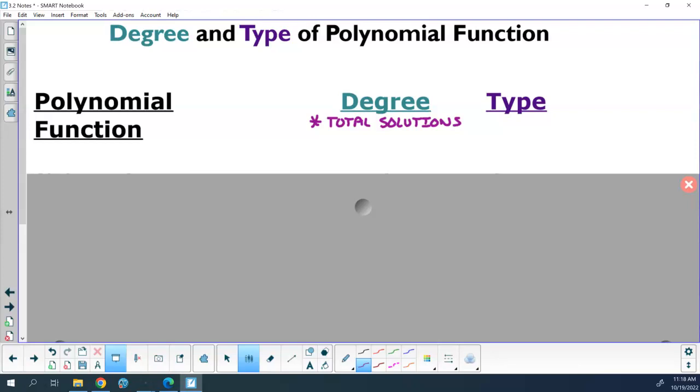It's also going to help us in determining what the graph or the end behavior or the picture, if you will, of the function.